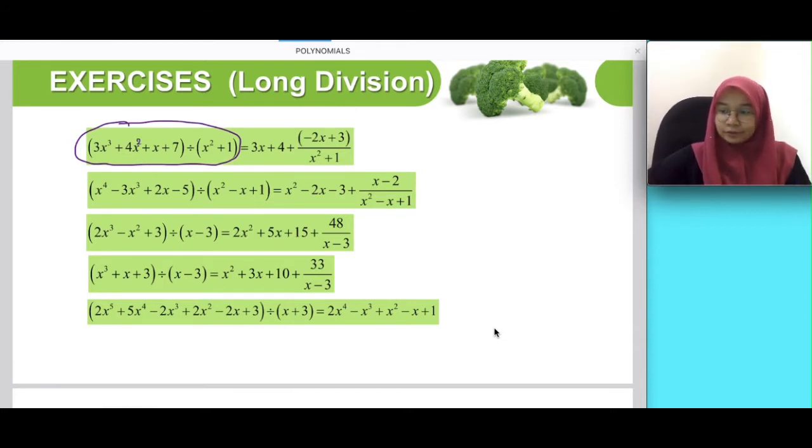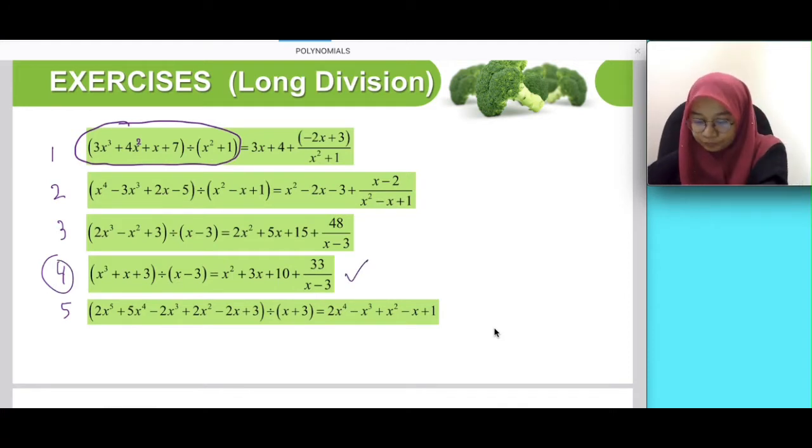Okay. So now we try to do, this one is 1, 2, 3, 4, 5. We try to do number 4. X cubed plus x plus 3 divide by x minus 3.